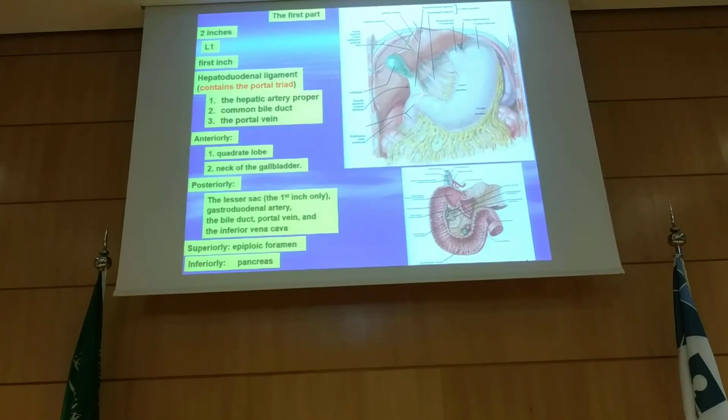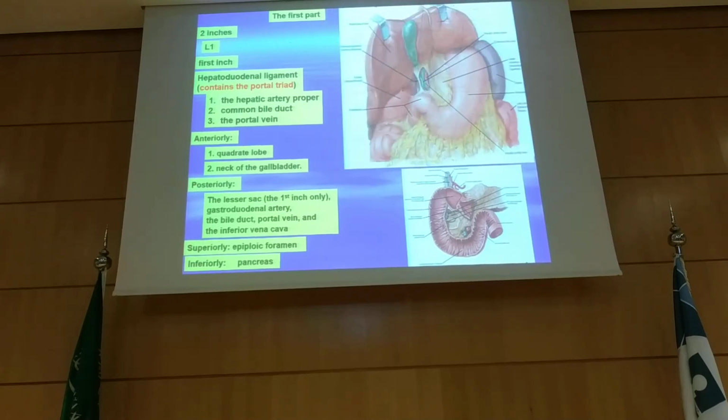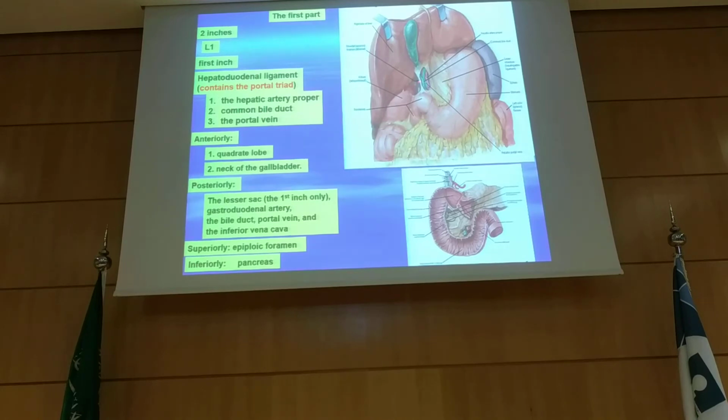Only the first inch is covered by peritoneum, where we have the hepatoduodenal ligament. If we open the hepatoduodenal ligament, what are we going to see there? The portal triad, which is the hepatic artery, bile duct, and the portal vein.